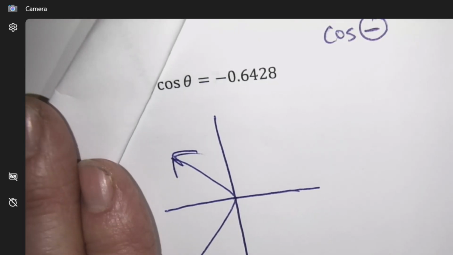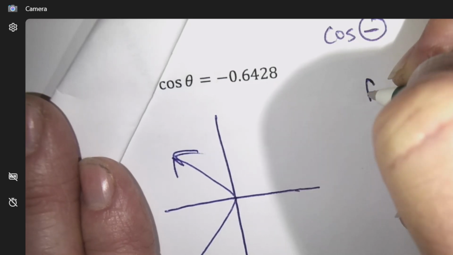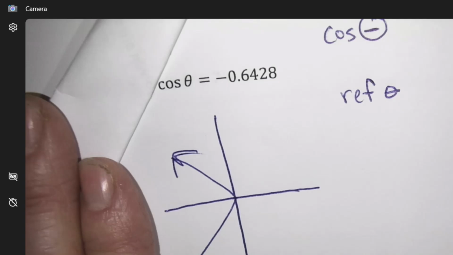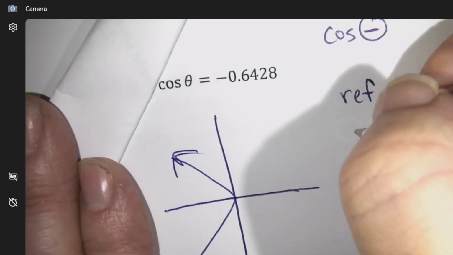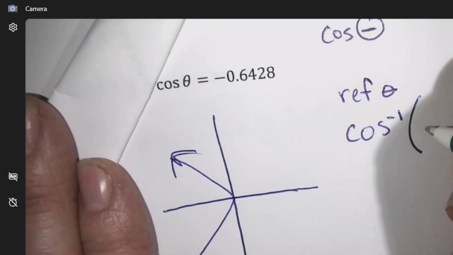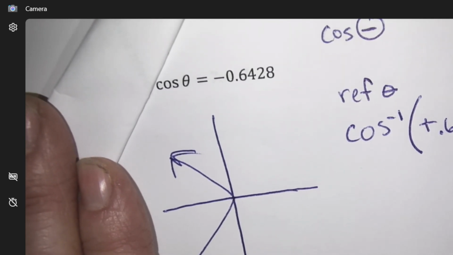Okay, now we're going to get the reference. Something I'm going to tell you here is something you have to remember. So I'm going to cos inverse, but here's the kicker. You cannot do the negative, okay?